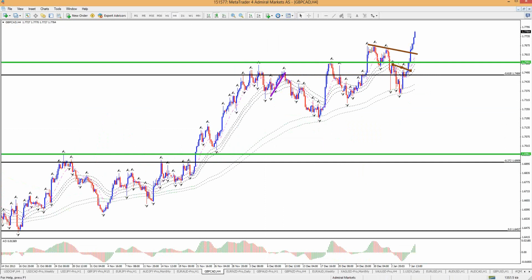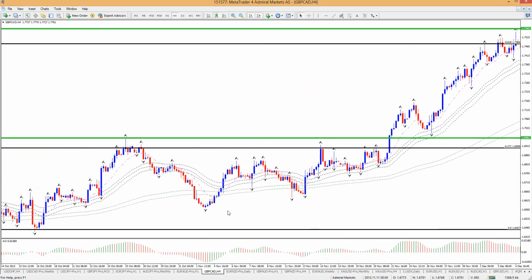Sorry, there was a question from you a while ago. I forgot about that. Fractals. The fractals basically mean that that is a level that hasn't been broken by a certain number of candles. So basically, if you have here, let me zoom in, this candle is a fractal, right?